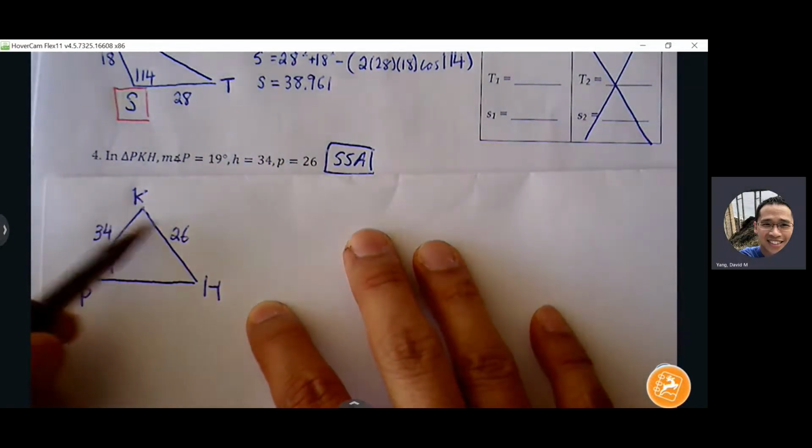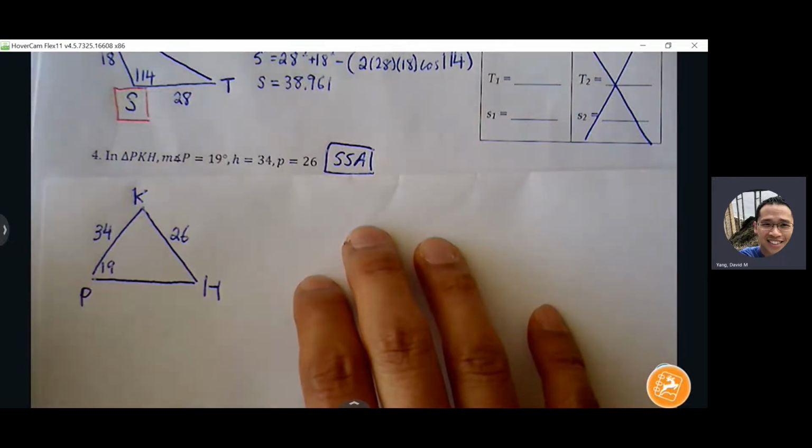Okay, so we're going to rely on law of sines to help us solve this triangle.